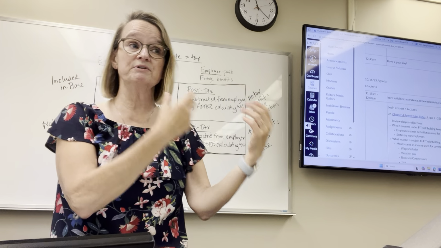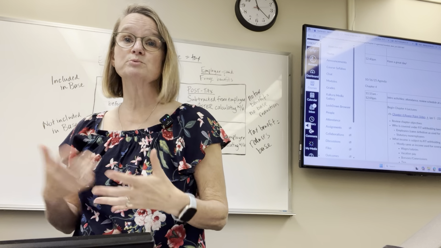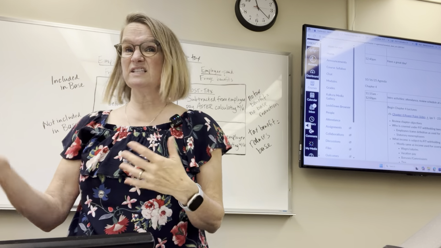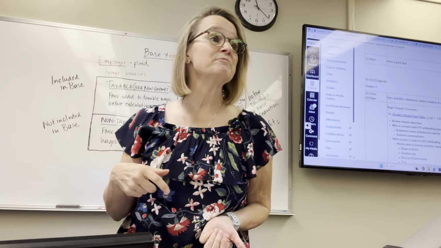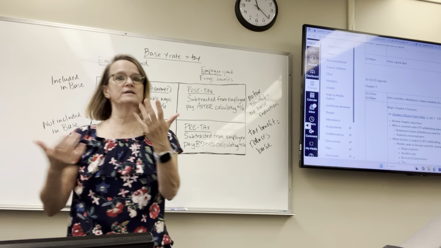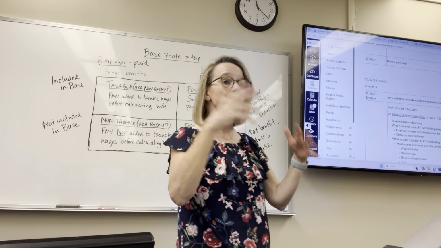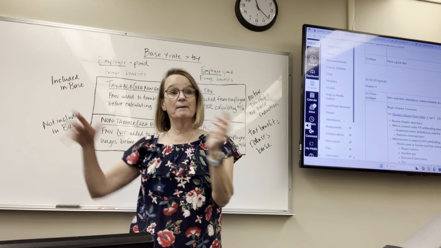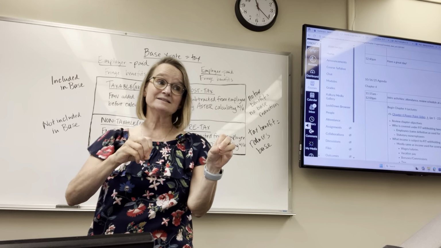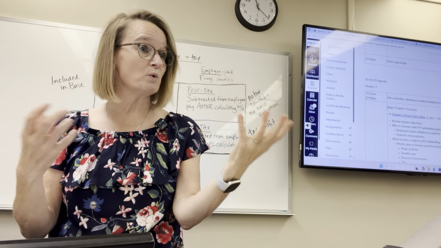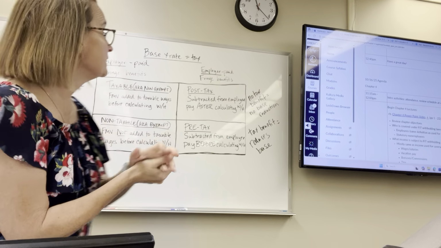Like before with Social Security and Medicare tax, we just have that one rate, right? It's 6.2% or it's 1.45%, or if you're subject to additional Medicare tax, it's that 0.9%, but that rate doesn't change. The base may change, but the rate we're going to apply to it doesn't change each pay period.